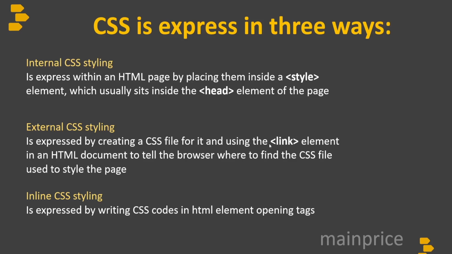You put a link element in the page, then put the file name with its extension into the link, like in the form of a URL or src, and it gets expressed the way you've written it in the external CSS. So that's how it works.